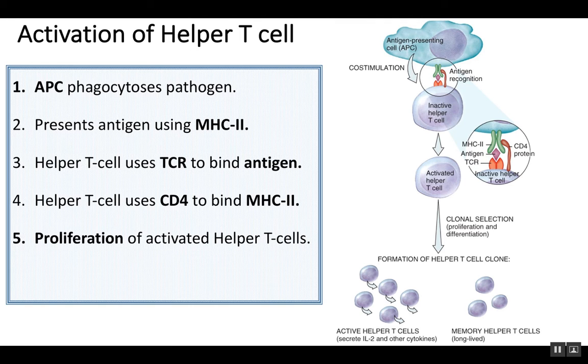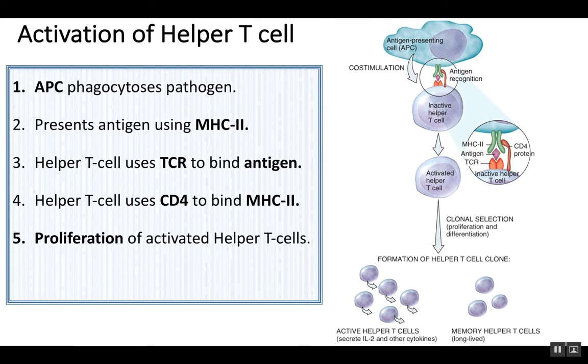And then it'll go boost the immune system by producing chemicals. The most important chemical produced by a helper is called interleukin 2, IL-2. IL-2 amplifies the immune response. It gets us to really induce an immune response so we can rid the body of this pathogen.